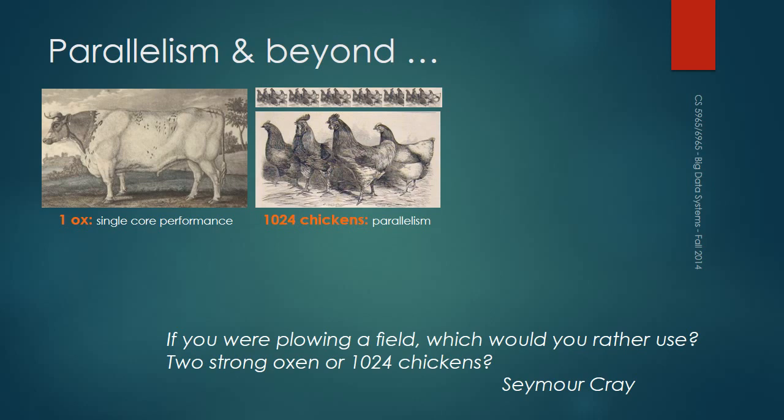Any suggestions, any ideas why? You all agree it's a bad idea, right? Why? Not strong enough to plow the field. No, we made that assumption that 1,000 chickens, you pick whatever number, together are going to be the equivalent of whatever the one ox is capable of pulling. So we bypass that.